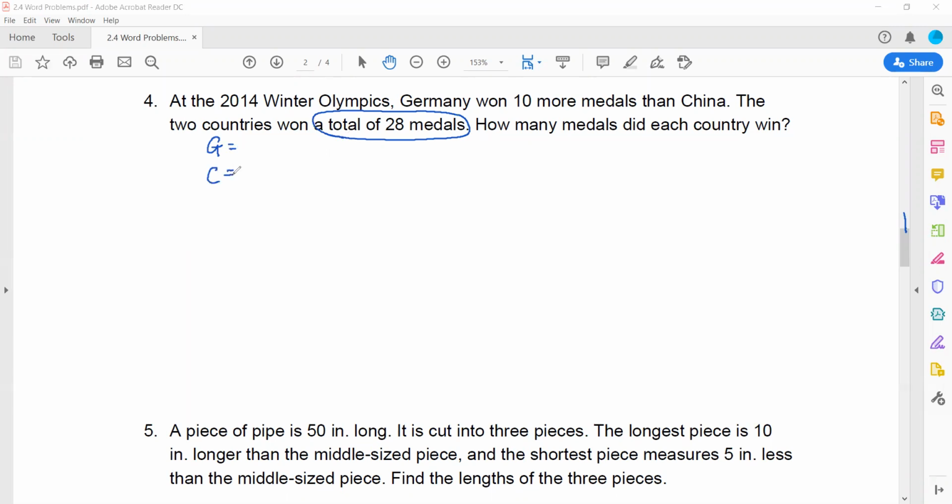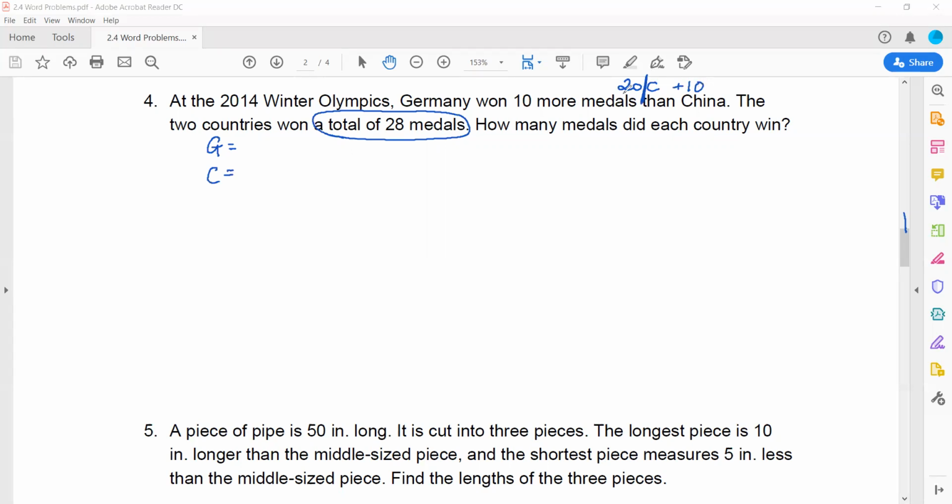So again, Germany won 10 more medals than China. So if we said that China won 20 medals, Germany won 10 more. And so in order to find how many Germany won, we would need to add 10 to this. So for Germany, put a line there because we're not multiplying these. We're taking the number that China has and then adding 10.